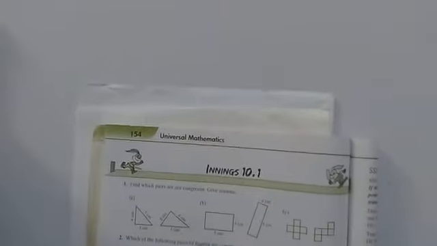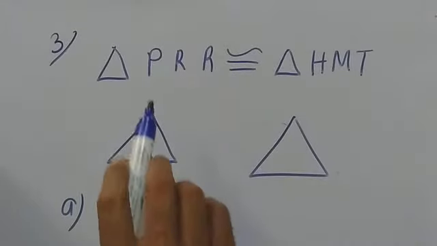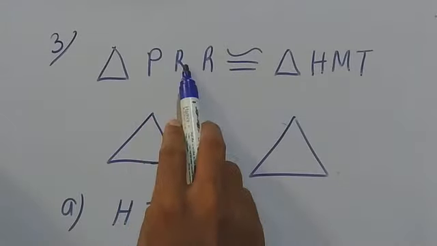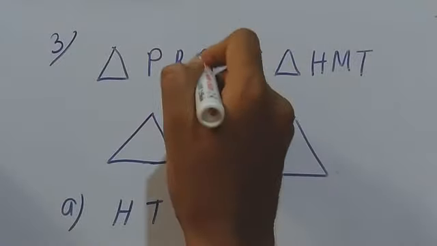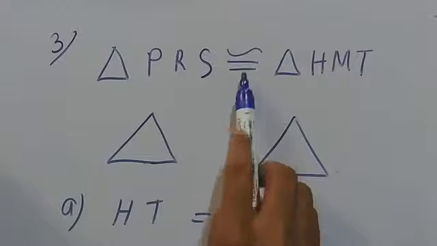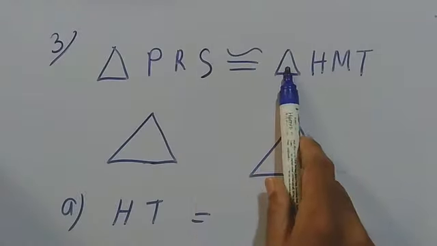Now I will solve question number 3. In question number 3, triangle PRS, sorry, I have written this symbol of congruence. Triangle PRS is congruent to triangle HMT.